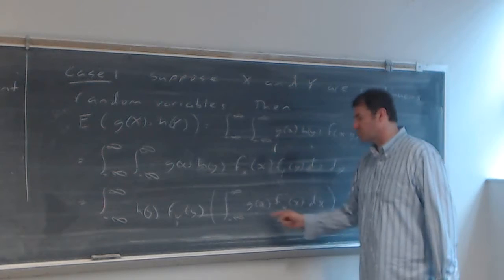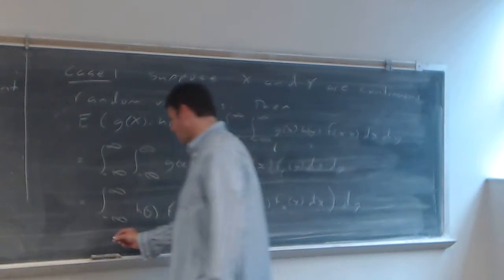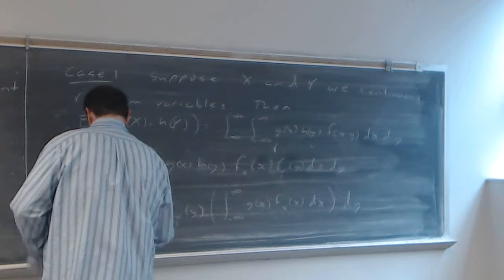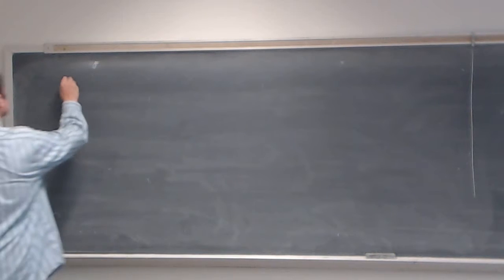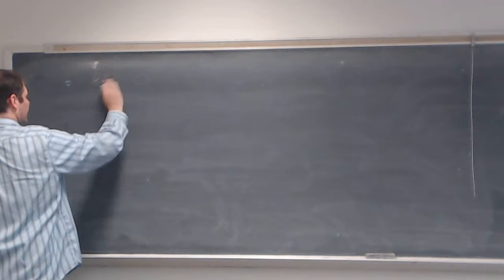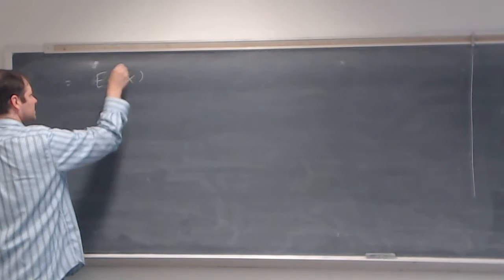Now, this inner integral is really just a number, and as a matter of fact, what number it is is the expected value of g of x. So I can write down the expected value of g of x, if that is a constant, pull it out.